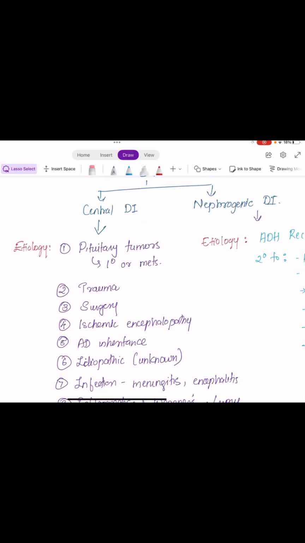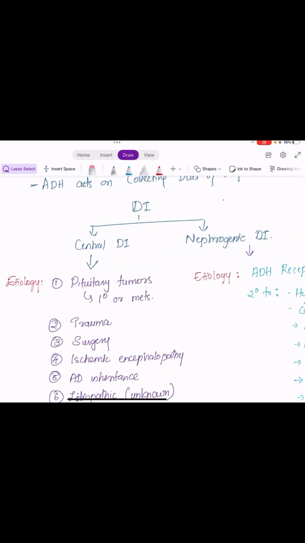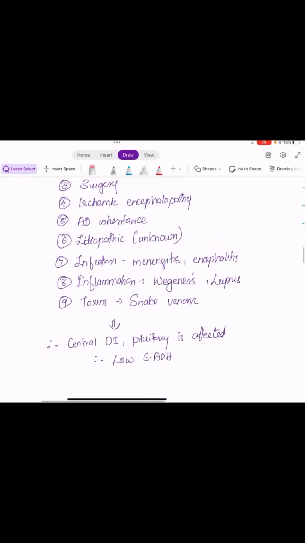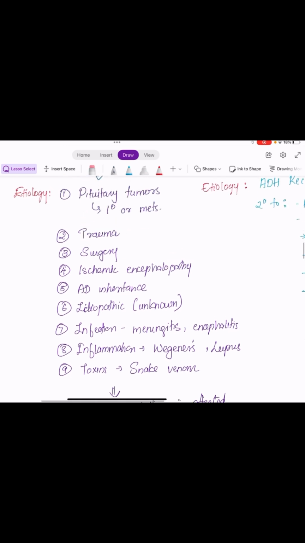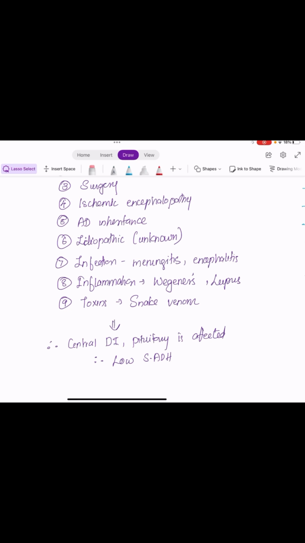The causes of central DI are pituitary tumors, which may be primary or metastasis from elsewhere, then trauma, surgery, ischemic encephalopathy, autosomal dominant inheritance, idiopathic, infections like meningitis and encephalitis, inflammations like Wegener's granulomatosis, lupus, and toxins like snake venom. These are a few causes. So, in central DI, the pituitary is affected and there are low serum ADH levels.